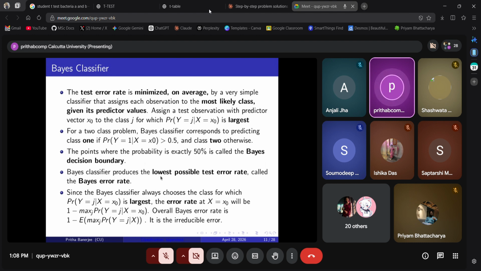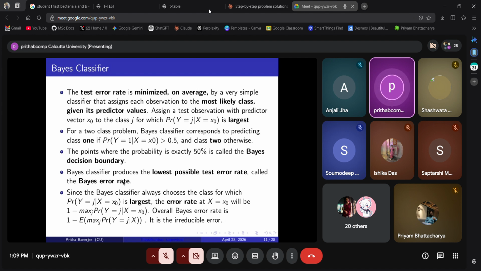The Bayes classifier produces the lowest possible test error rate, which is called the Bayes error rate. Theoretically, it means you cannot do anything better than this Bayes error rate. It is the theoretical lower bound on how good your classification can be.